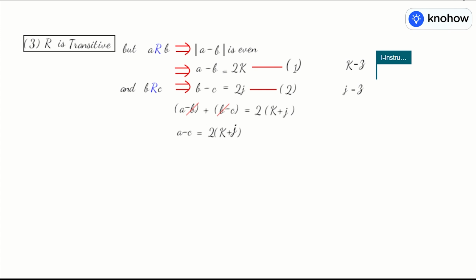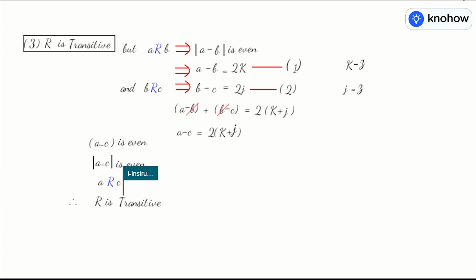That A minus C is even, and obviously modulus of A minus C is even, or A is related to C. And hence as A related to B and B related to C implies A related to C, so we can say R is transitive on A.